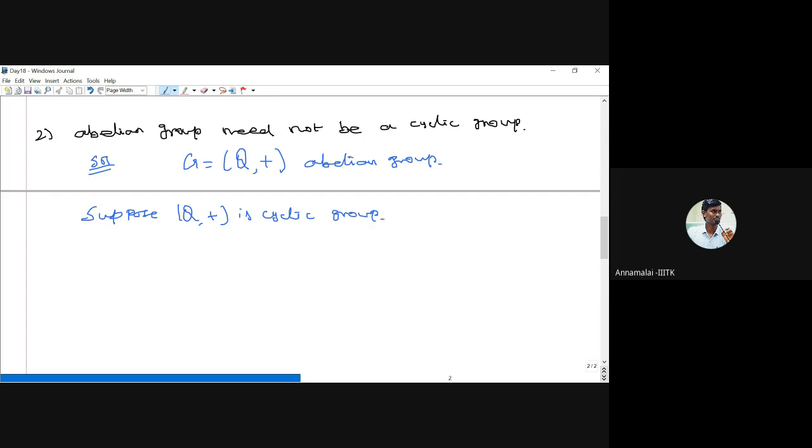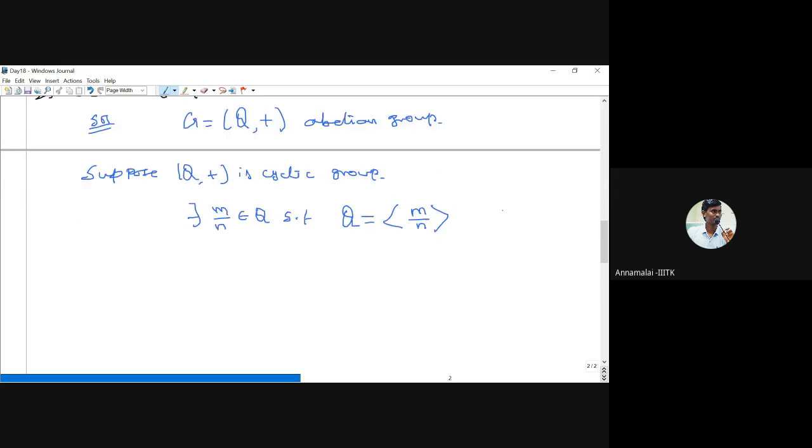So there is an element from Q. We know that every element of Q is of the form m by n. So there exists an element m by n in Q such that Q is generated by m by n.